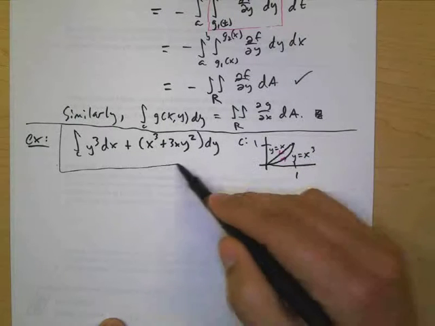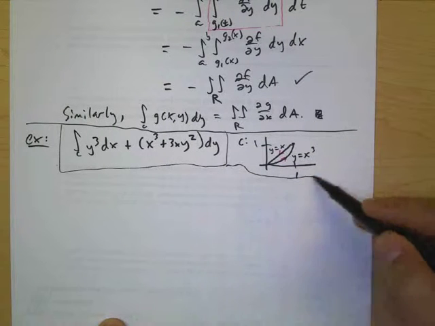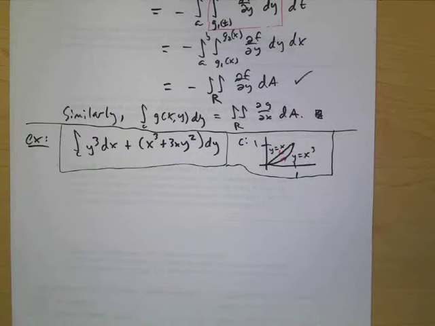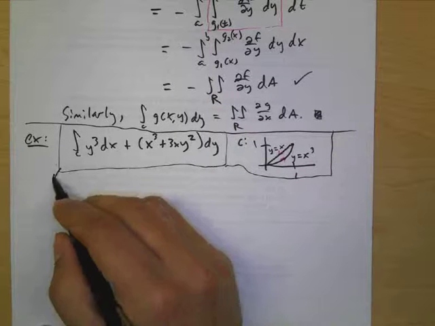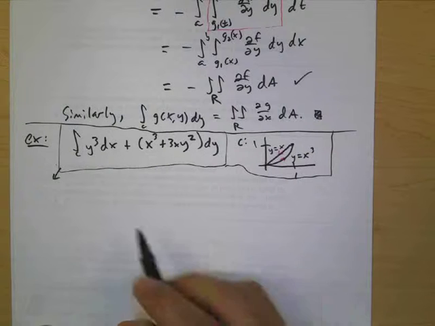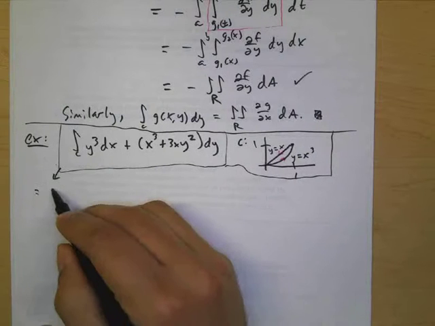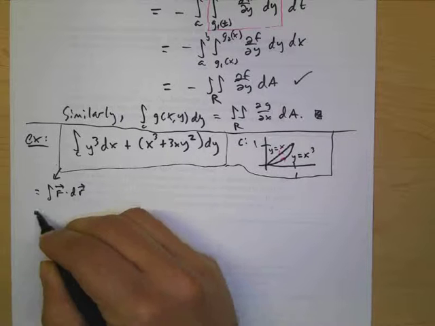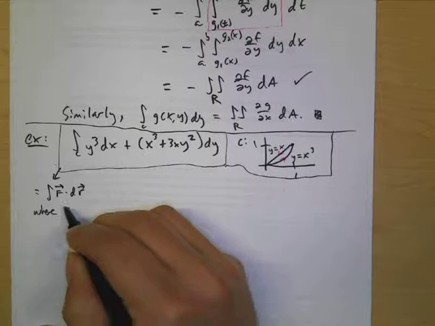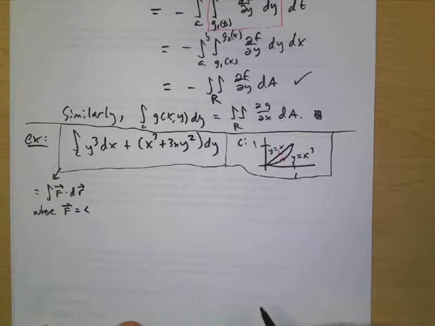So here's what we want to figure out. Now I should also say, just because this is important for you to make the connection, that this is also equal to the integral of F dot dr, where our vector field is what?